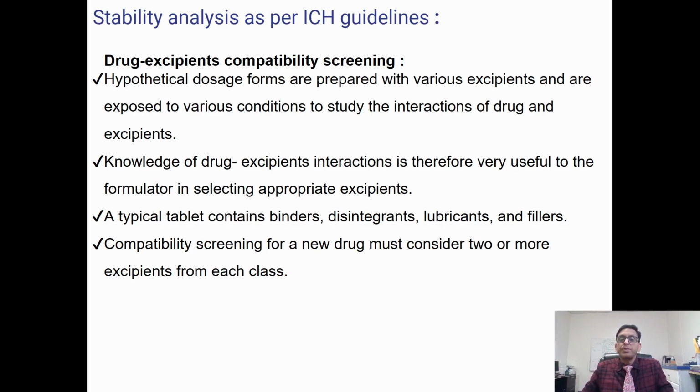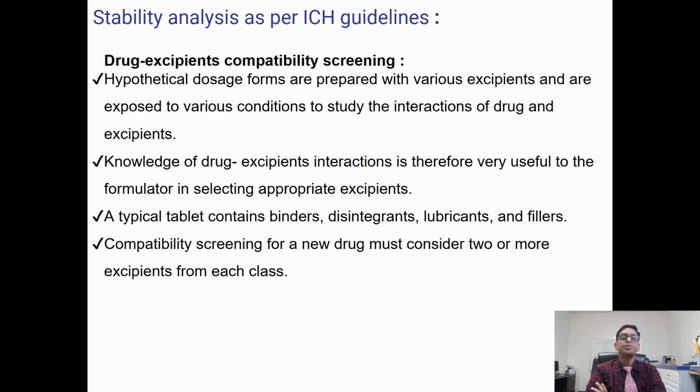Compatibility screening for a new drug must consider two or more excipients from each class. When we are doing a stability analysis and drug excipient compatibility study, for each category, suppose a binder, we have to take two binders, then mix with the drug.